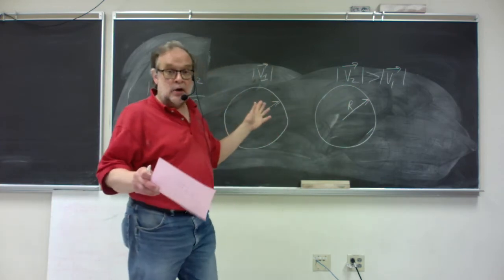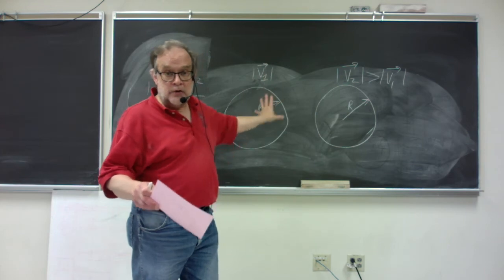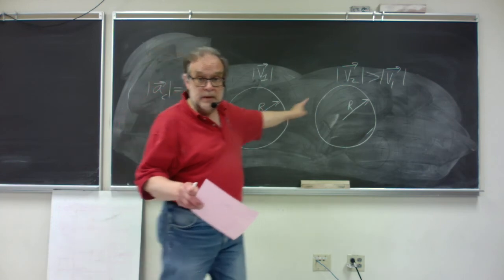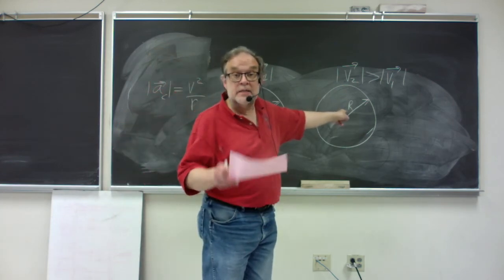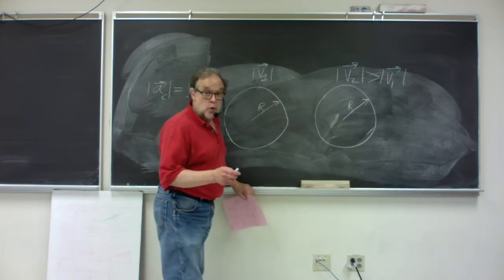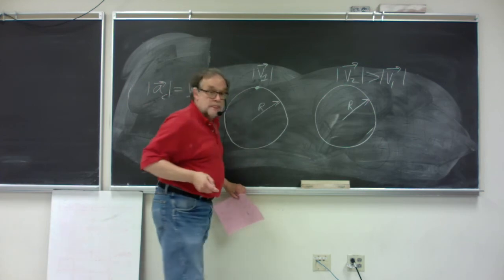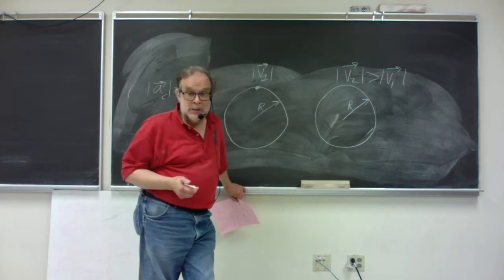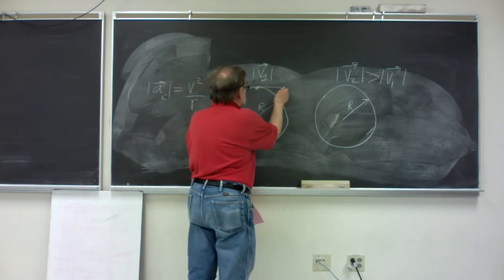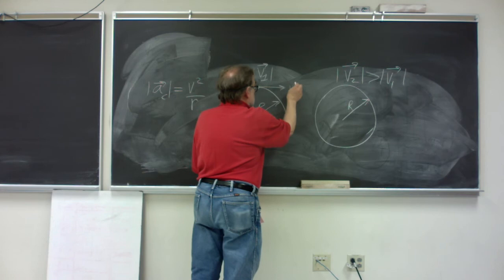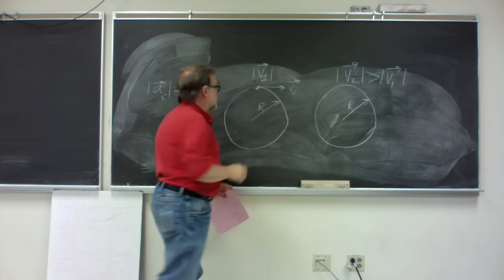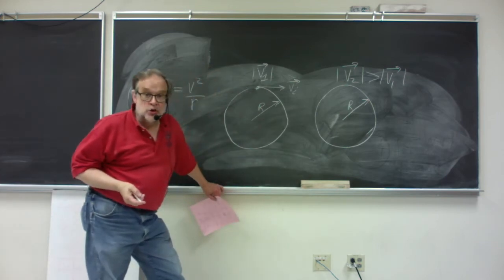Well, now let's compare how far the mass goes in a certain amount of time this way, compare it to how far the mass goes in that same amount of time under these conditions. So we'll start watching the mass when it's right here, right at the top of the circle. And of course, at that moment, its initial velocity is like that, pointing along a straight line that's tangent to the curve.